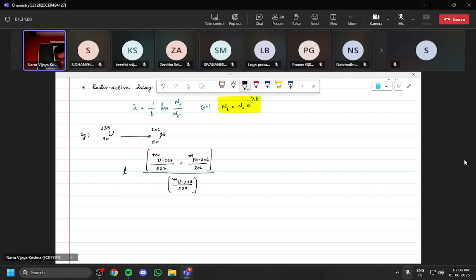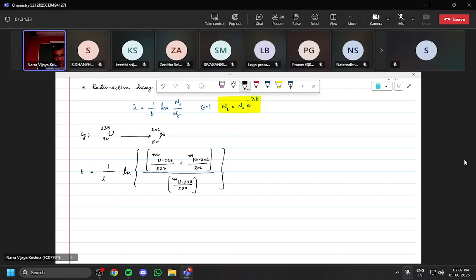I am taking the logarithm, into 1 upon lambda. I am bringing the t to this side, I will write lambda here. So instead of lambda, what I can write? 0.693 by t half.